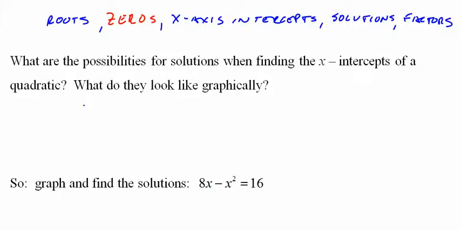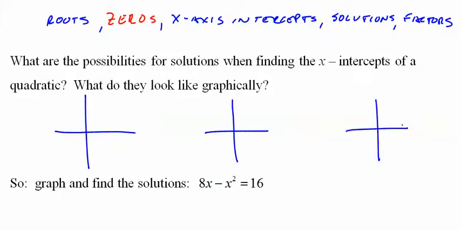So when you have a graph, it could hit twice and have two what we call real solutions.